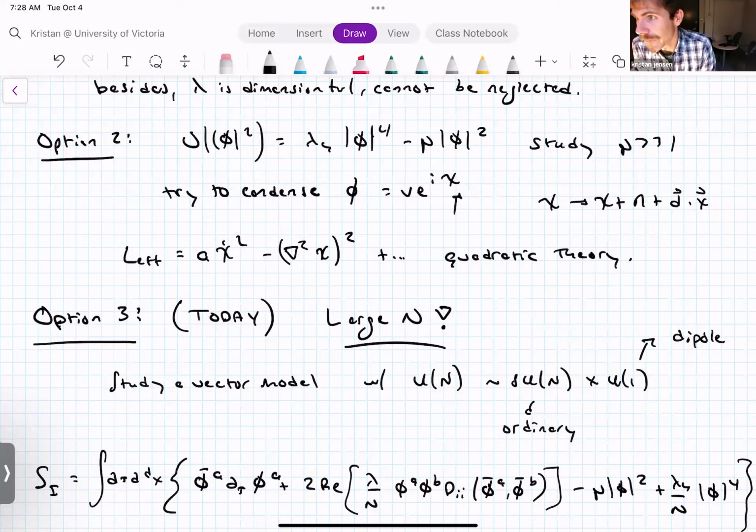So in this setting, the Coleman-Mermin-Wagner theorem applies to the dipole too. What's special about why I mention it in D equals 2 for the U(1)? Really, it's the U(N). When there's U(1) breaking here, then U(N) is broken to U(N-1). And in 2+1 dimensions, if that was the case, then you would have, roughly speaking, N Goldstone bosons associated with the symmetry breaking.